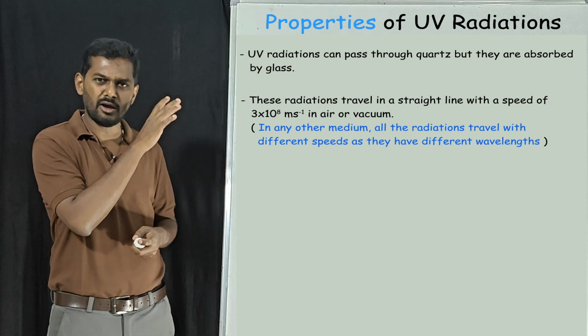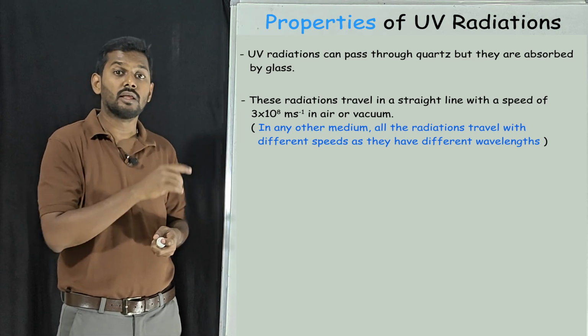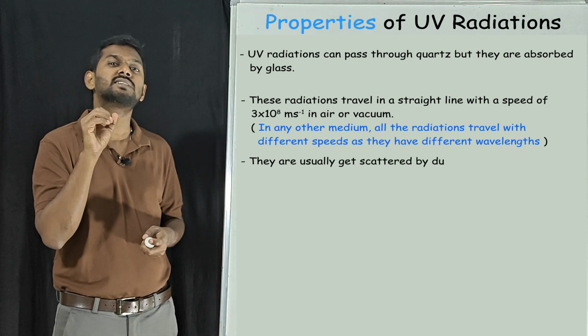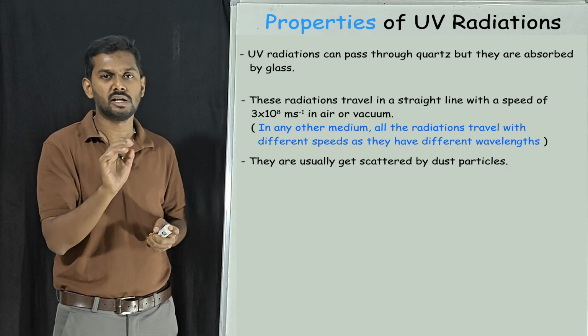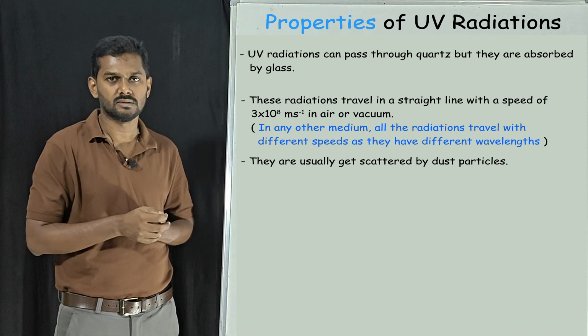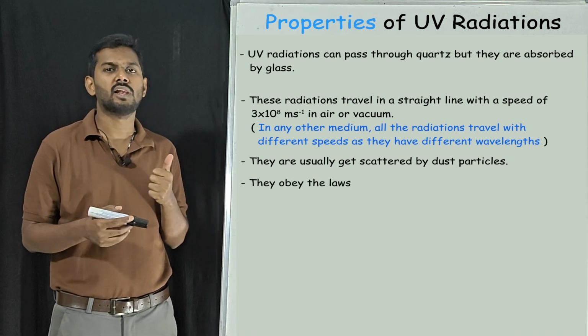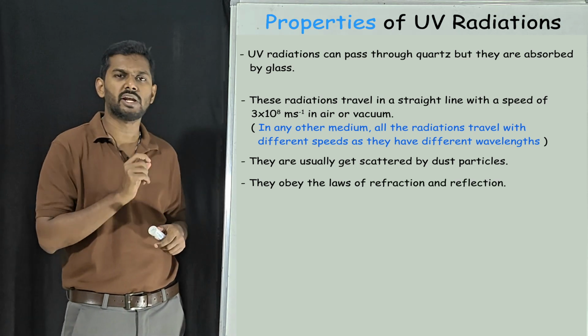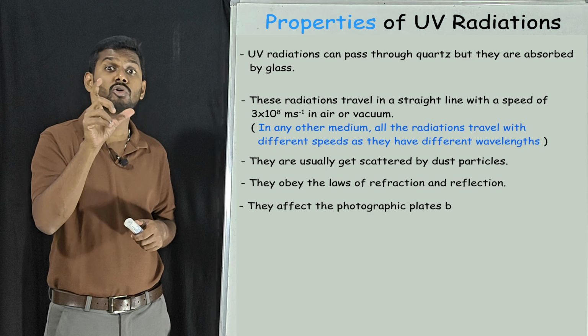This is one more property of UV radiation. Then these UV radiations will get scattered by the dust particle in the atmosphere. That means it will undergo scattering. Our next property: they obey the laws of reflection and refraction, and these UV radiations will affect the photographic plate.